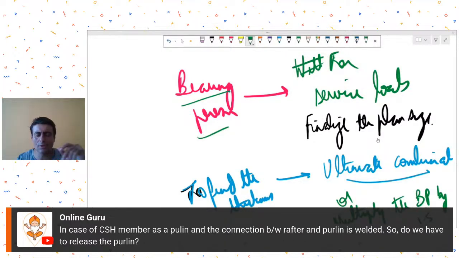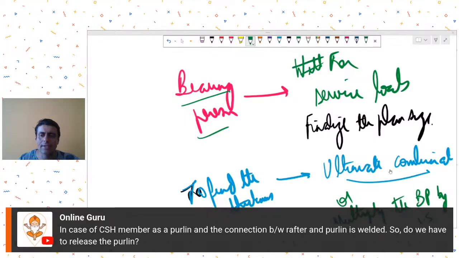But why are you using circular hollow sections as purlins? Generally, we don't use circular sections as purlins because the connection between sheeting and purlin then becomes slightly complicated. Then you will have to go for J bolts. If you are using circular hollow section as purlins, then try to go for J bolts in the sheeting to purlin connection.